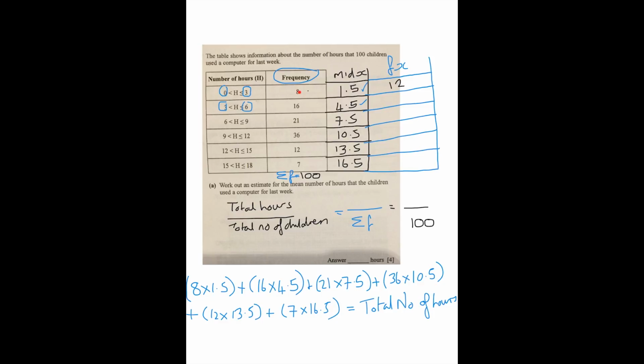Then 16 times 4.5 is 72. Then 21 times 7.5 is 157.5. Each of the 36 kids spent 10.5 hours on the computer.